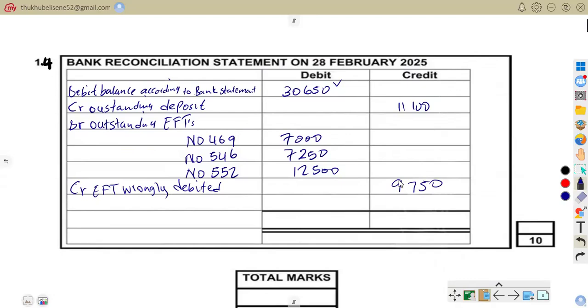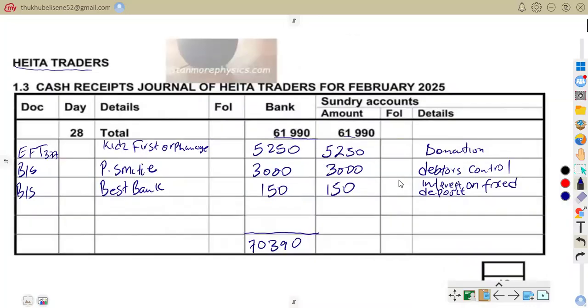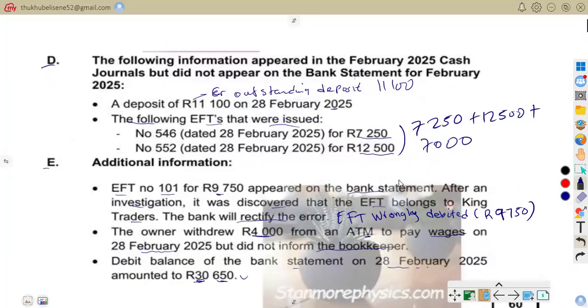You remember very well, we do have ATM withdrawals for wages. That as well should go into the bank reconciliation. So let us go to that information. Here it is. The owner withdrew 4,000 from the ATM to pay wages on 28 February 2025, but did not inform the bookkeeper. So this is an ATM withdrawal for wages. We are going to write it on the debit side of our bank reconciliation.